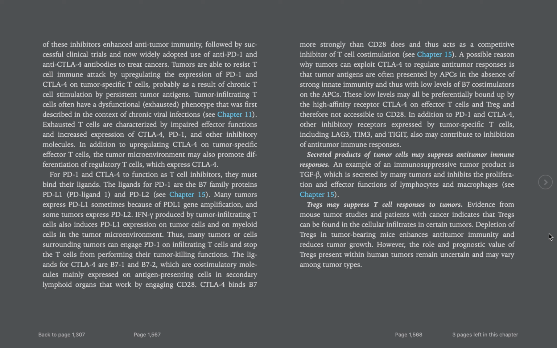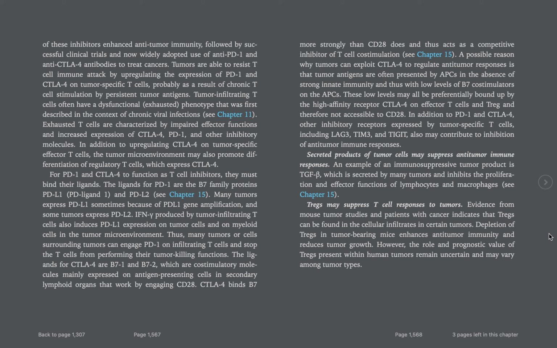Tumors are able to resist T cell immune attack by upregulating the expression of PD1 and CTLA4 on tumor-specific T cells, probably as a result of chronic T cell stimulation by persistent tumor antigen. Tumor-infiltrating T cells often have a dysfunctional exhausted phenotype that was first described in the context of chronic viral infection.